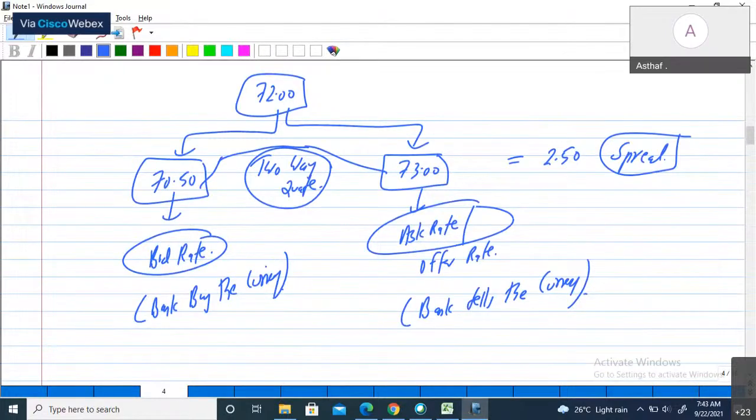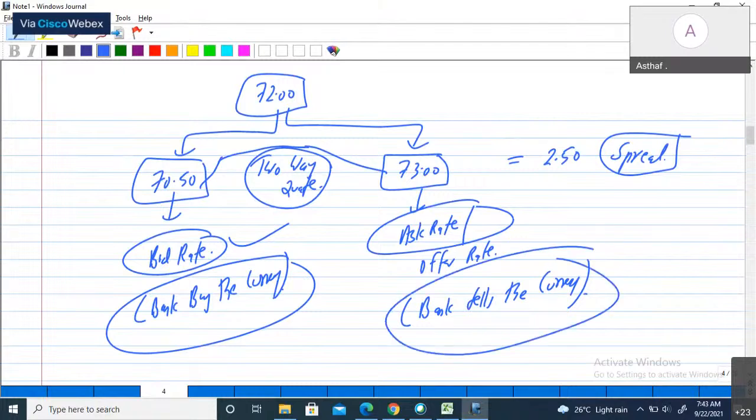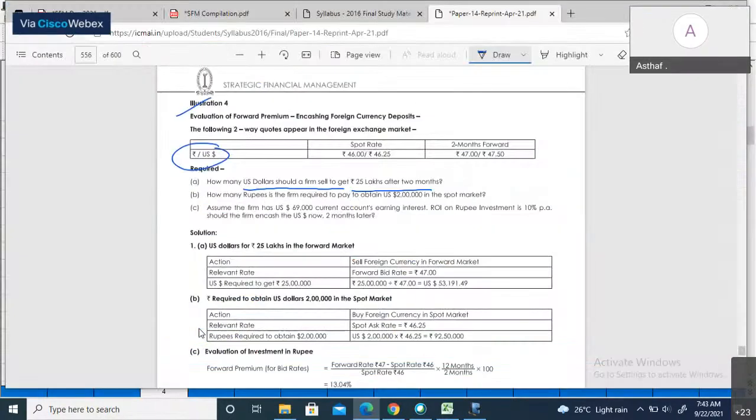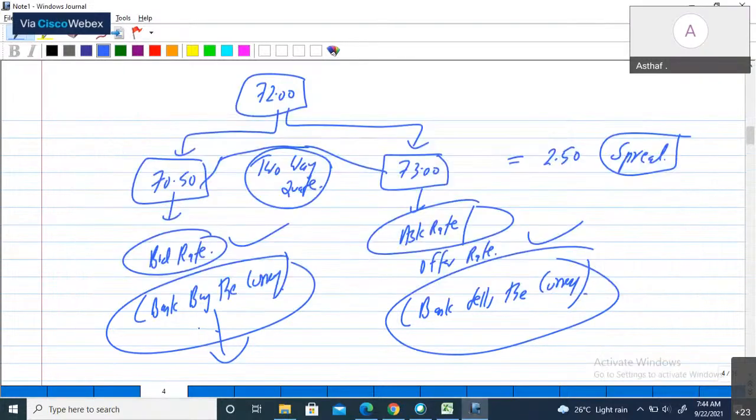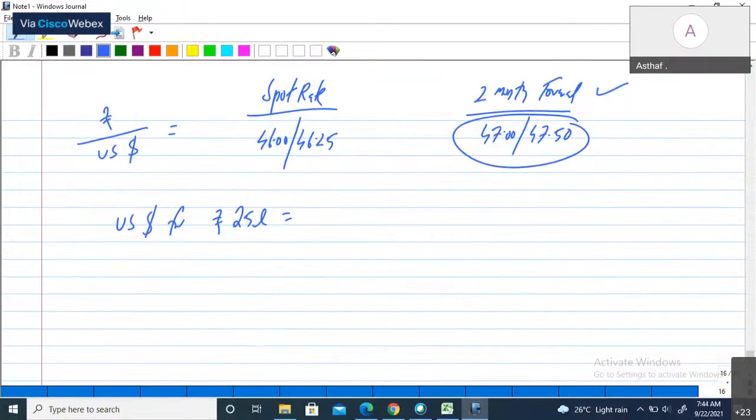See, the rate at which the bank buys the currency is the bid rate, and the rate at which the bank sells the currency is called the ask rate. So how do we approach this?